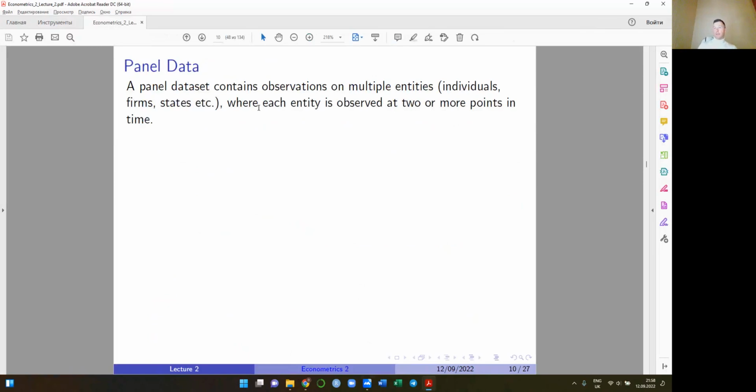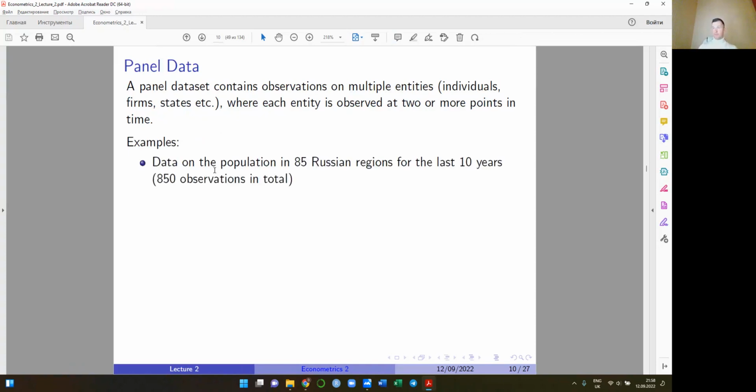A panel data set contains observations on multiple entities. They might be individuals, firms, states, districts, or any other entities, and each entity is observed in the time dimension. So we have 2 or more points in time.